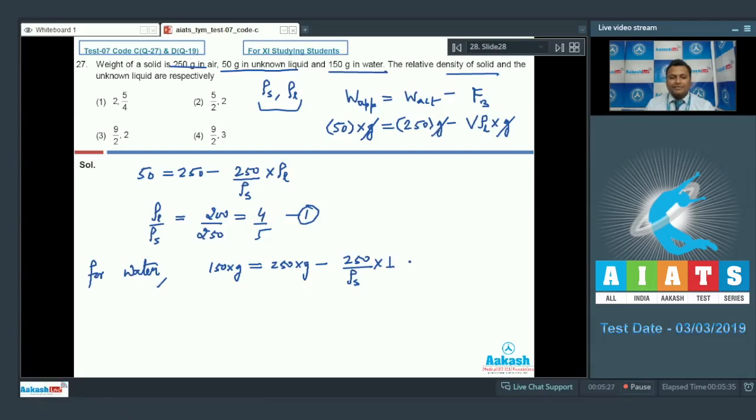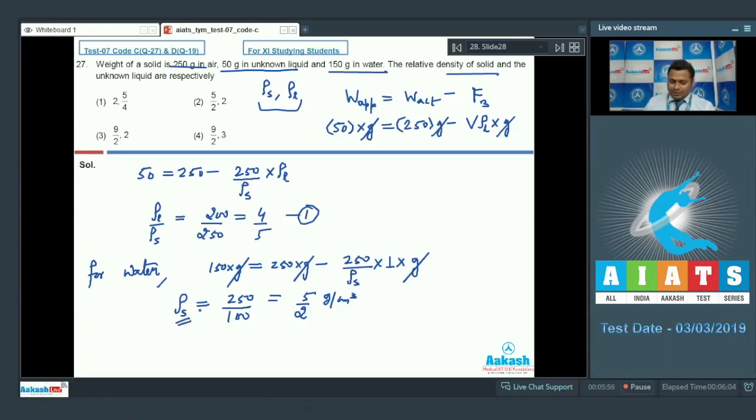Here the liquid is water, whose density in CGS system is 1, multiplied by g. g will be cancelled out, and after solving we will get the density of solid in CGS system, that is 250 divided by 100, that is 5 by 2 gram per centimeter cube.